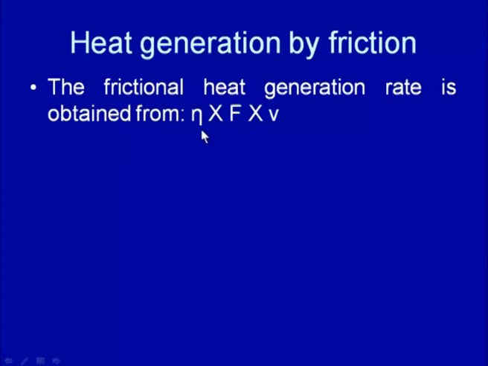So, the heat generation by the frictional effect can be given by eta multiplied by F, that is the friction force, and V is the relative velocity.